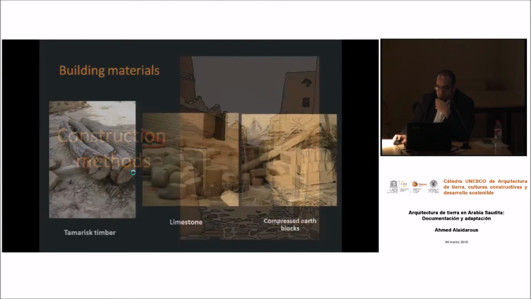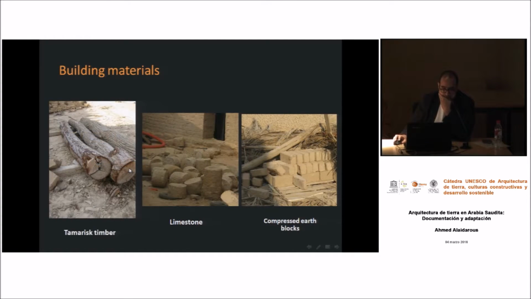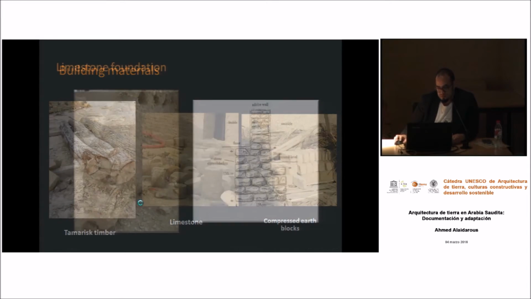So the construction methods. In this part, I'm going to talk about the Dir'iyya, which I have recently been working on. The main material historically is adobe, but recently they use compressed earth block, with limestone and Timurex timber.